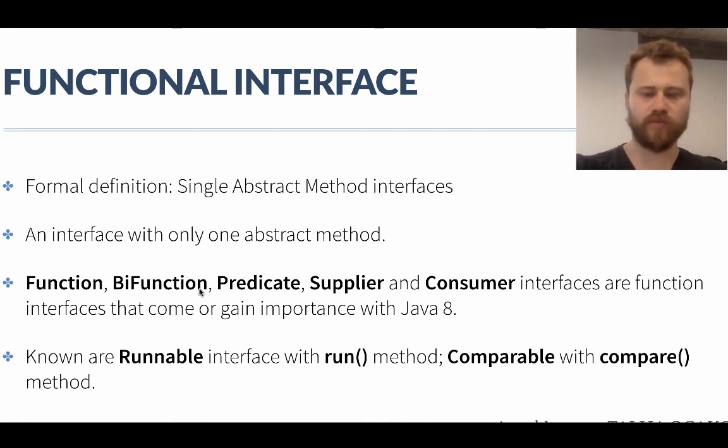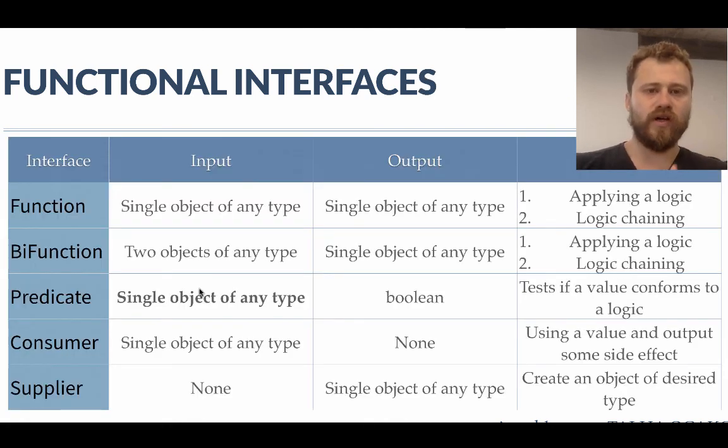Let's talk about them. Our first functional interface is Function. With this interface, we may write a processing unit, a function that gets only one single object as input and outputs only one single object. You may ask, what can I do if I want to supply more than one argument to the function? You may use BiFunction for two arguments.